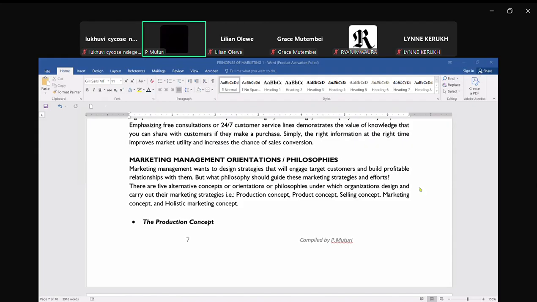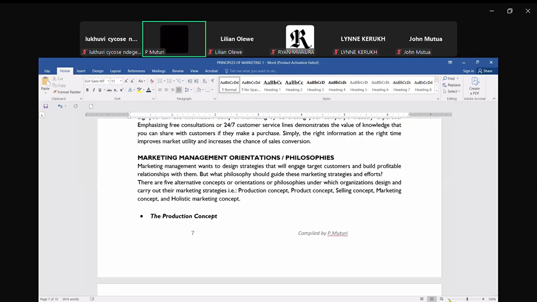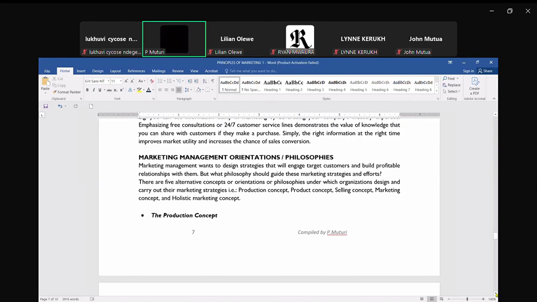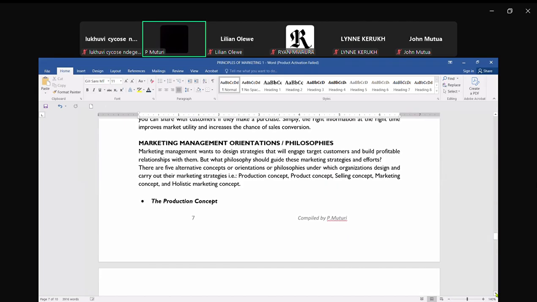So marketing management orientations or philosophies. This is another area I had tasked you to go and look at in our last class. I had said you go and look at what are marketing management orientations, philosophies, and sometimes also called concepts.